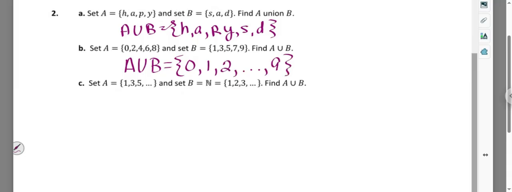You can use your ellipses to not have to list everything. If it's all the numbers, you write the first 3 to indicate the pattern, and then the last one to know where it is. Or you can write them all out, which is what I did on the first time when I did my notes here.